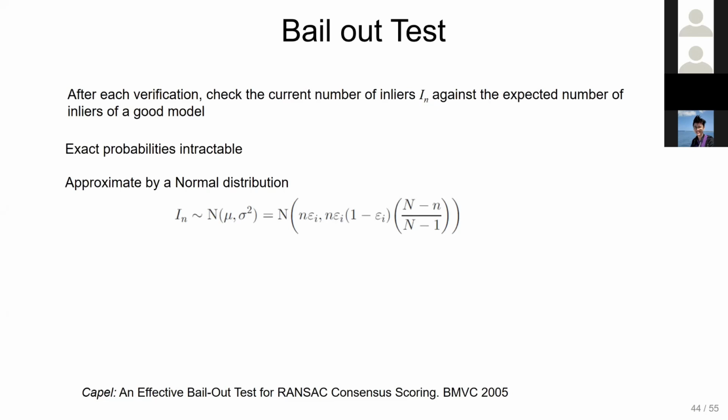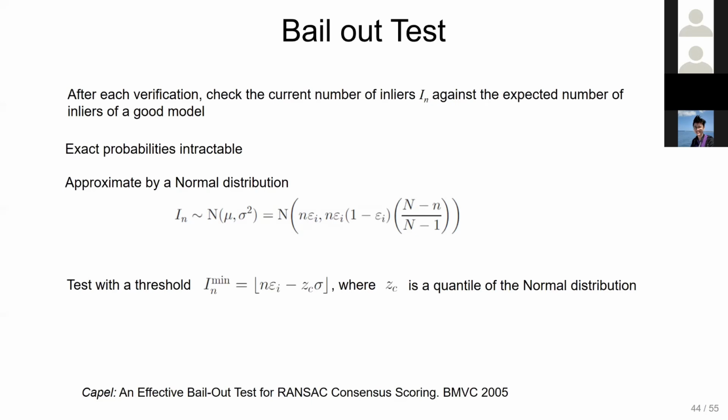So instead, you approximate the expected number of inliers of a good model by a normal distribution, and then you base your test on some quantile of this normal distribution, and if you fall below this quantile, you discard the hypothesis. The quantile is basically a parameter of the method, saying how strict this is.